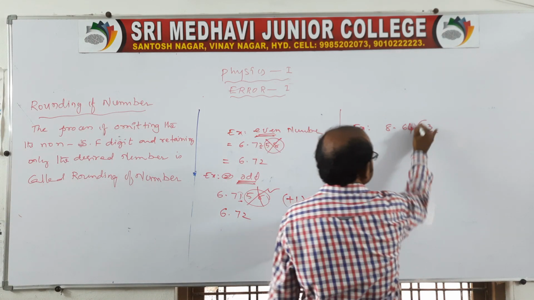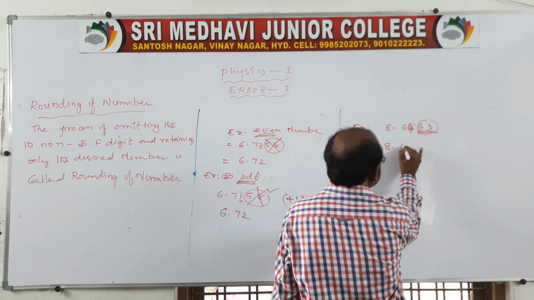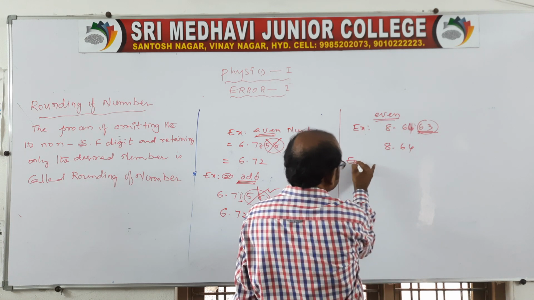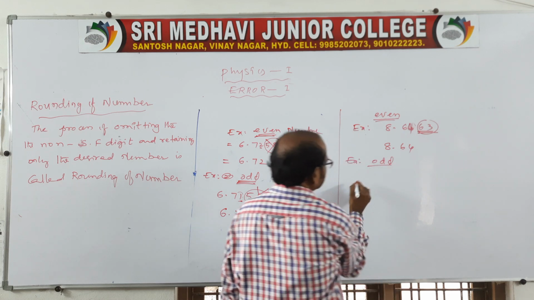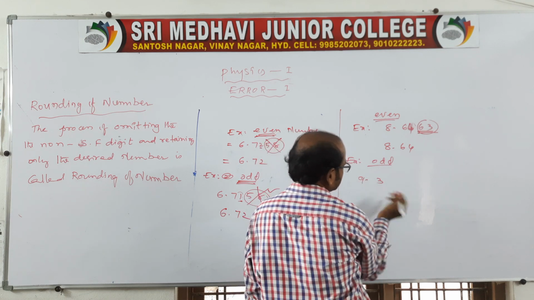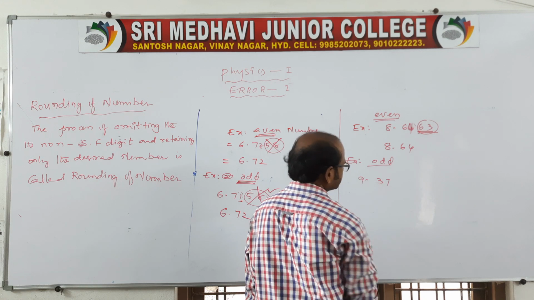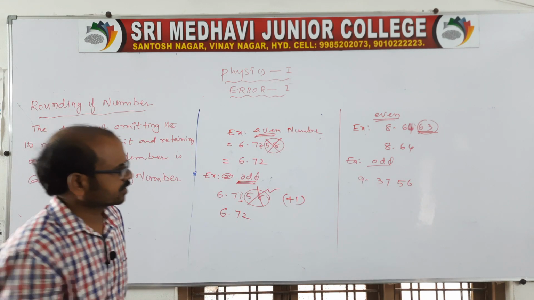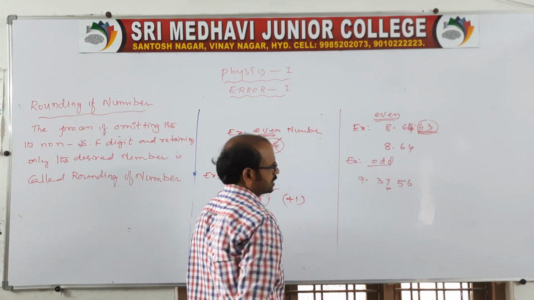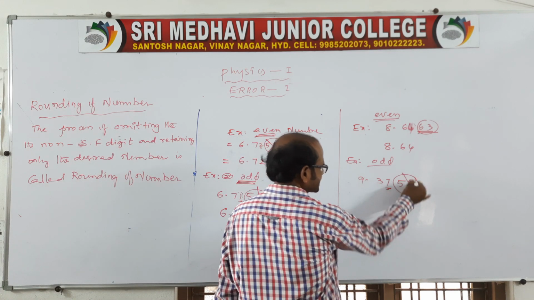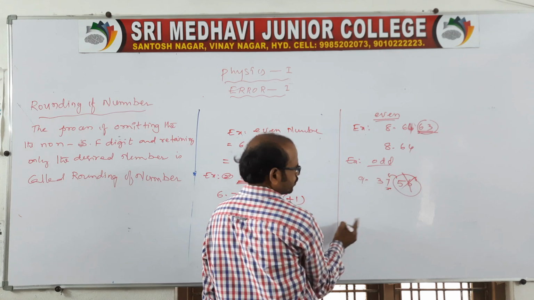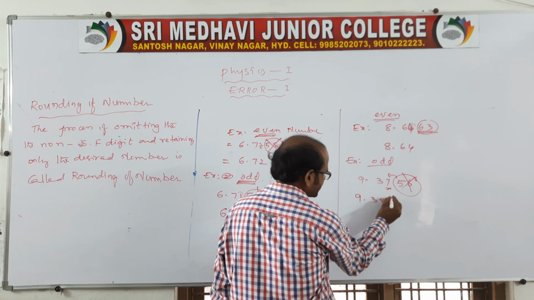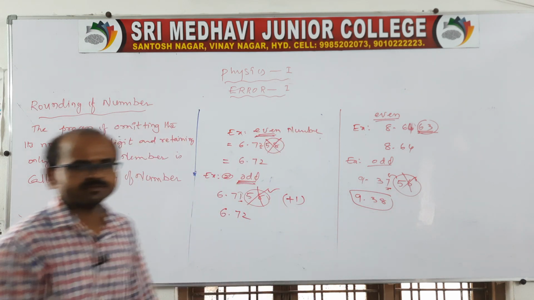You leave these two digits. 8.64 is the answer because it is the even number. Suppose you take another example, with odd numbers. Again you take 9.3756. Look here, it is an odd number. For an odd number, you remove the rest and add one to the preceding digit. Therefore 9.38 is the answer. We call this rounding of numbers.